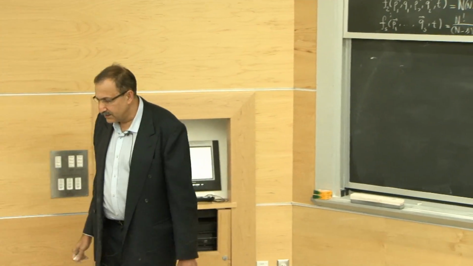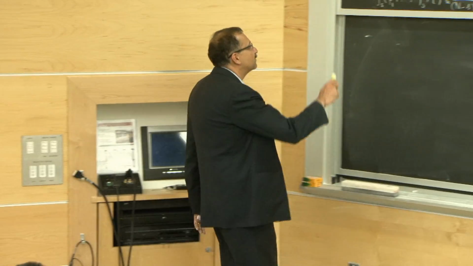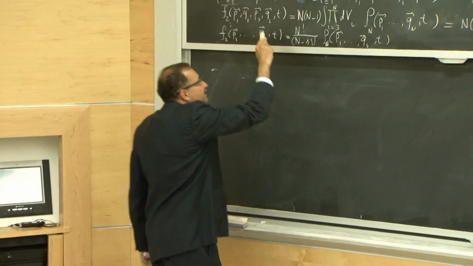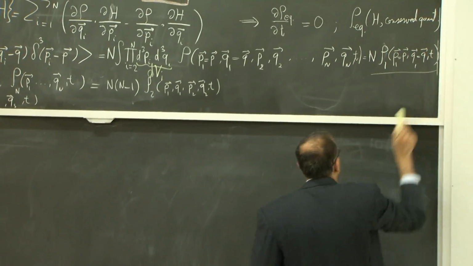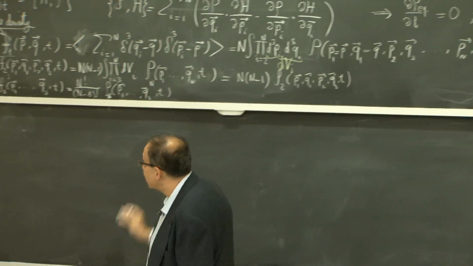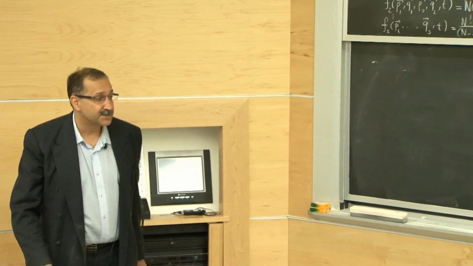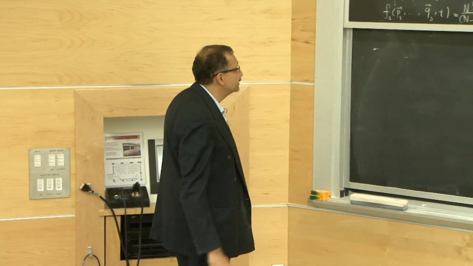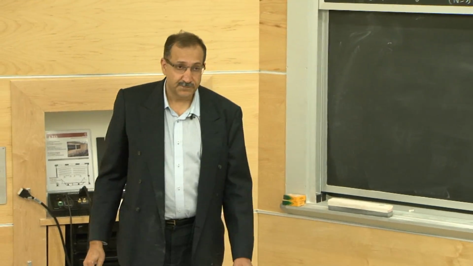You'll see why I need these higher ones, although in reality, all my interest is on this first one, because practically everything that I need to know about this initial experiment that I set up and how the gas expands, I should be able to extract from this one particle density. Okay?